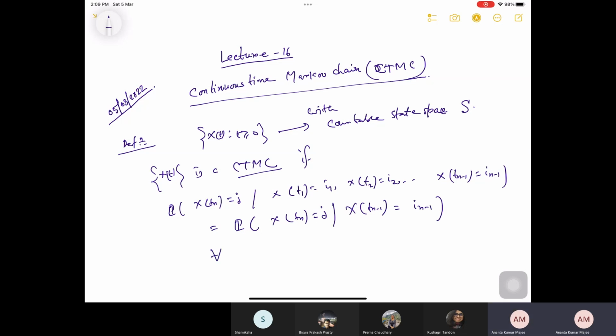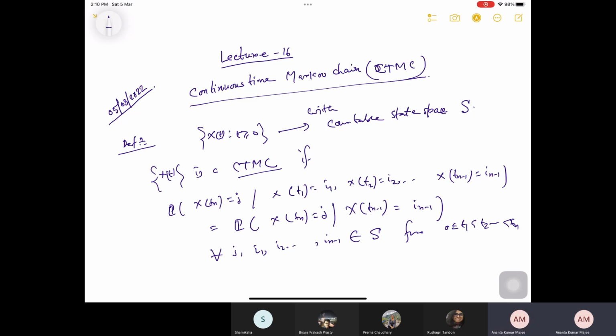This should hold for all j, i_1, i_2, up to i_{n-1} in my state space. The discrete times I am choosing are such that 0 is less than or equal to t_1, less than t_2, and so on, and this should hold for any arbitrary n.